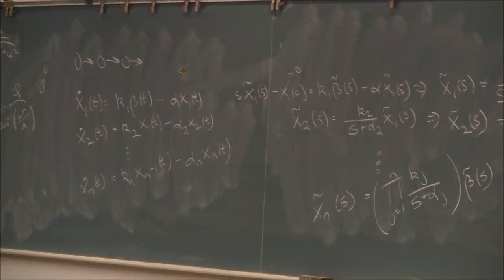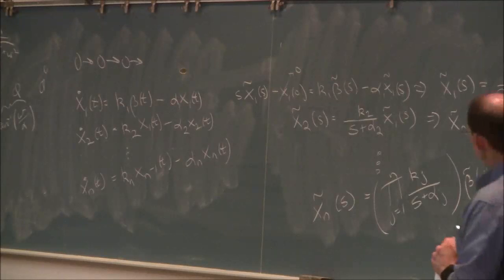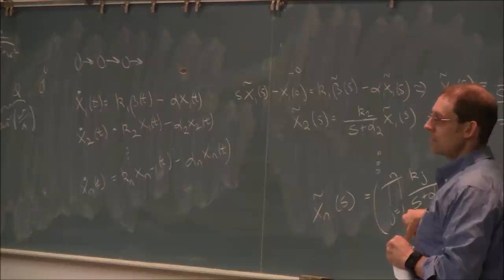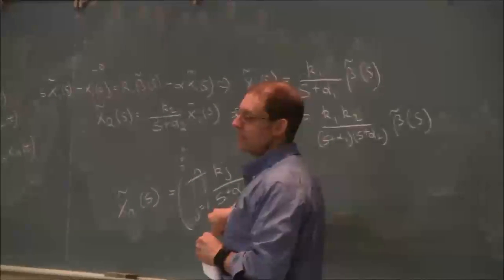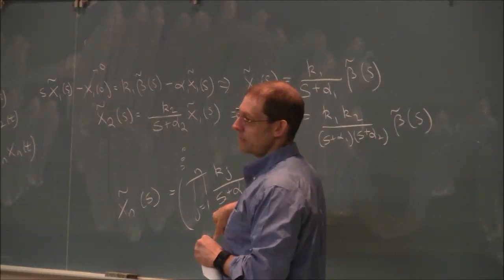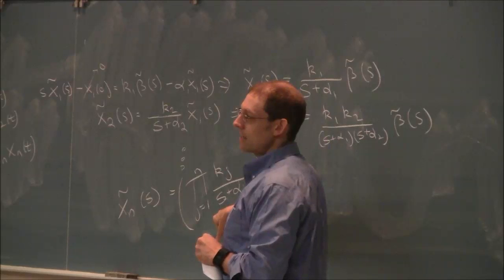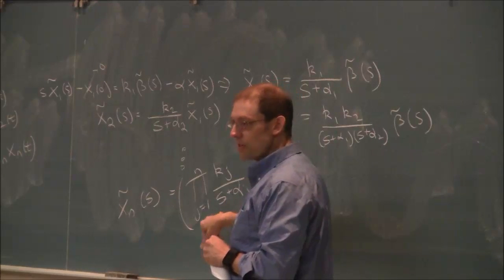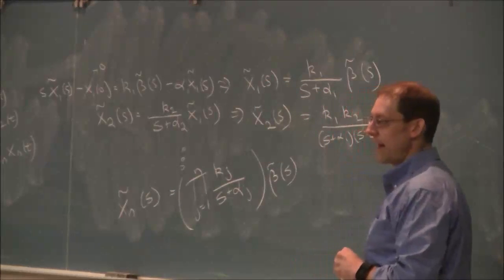So a very simple form. And if we want to think about what the time domain output is, it's a real pain when these alphas are all different. When the alphas are all different, you can imagine if you did the inverse Laplace transform, you would get a series of exponentials. So there would be n separate exponential terms that we would add up.